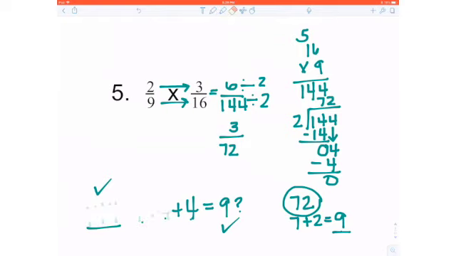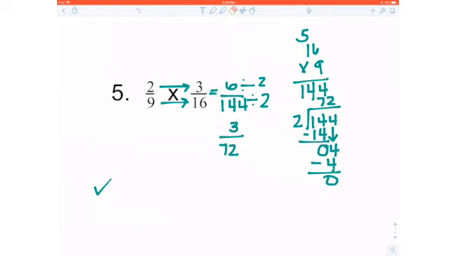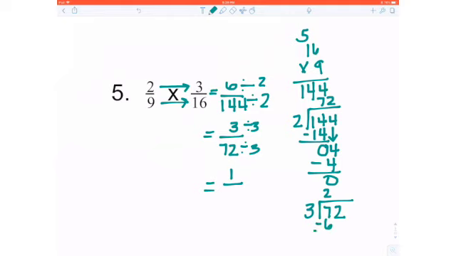So, with that said, let's do 72 divided by 3. Let's divide 3 top and bottom. 3 divided by 3 is 1. Let's put some equal signs here. And we're going to do 3 into 72 because that one's not as obvious either. 3 goes into 7 2 times. 3 times 2 is 6.